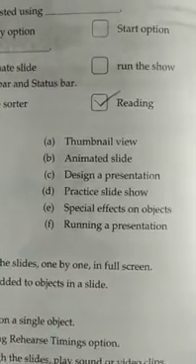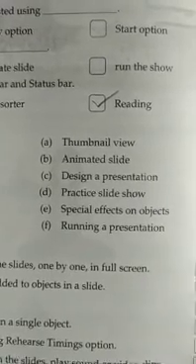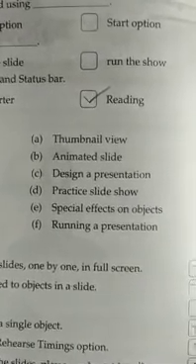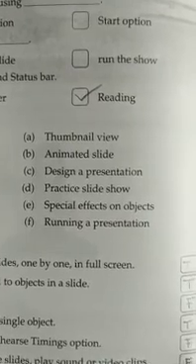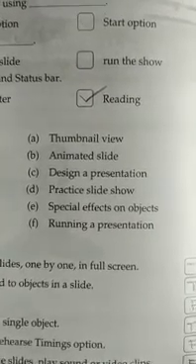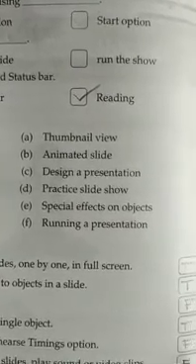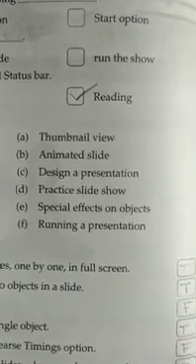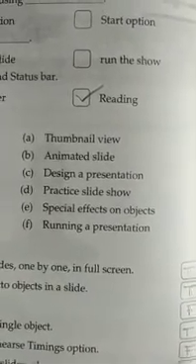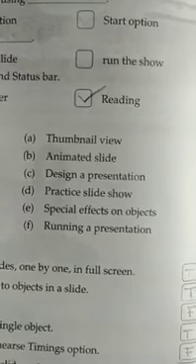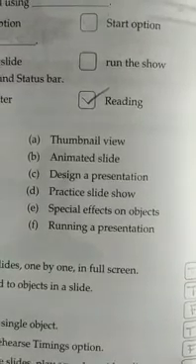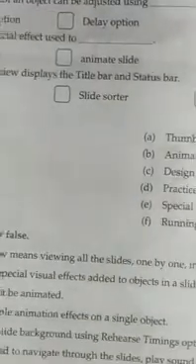In slide sorter view, many slides are present in one page, and in the thumbnail view very small slides are present in a page, just like icons. So that is the correct one.